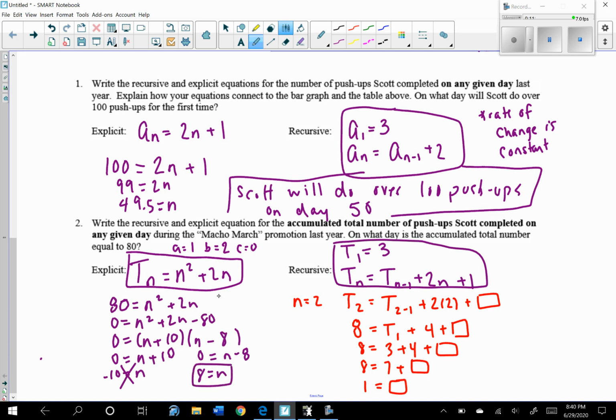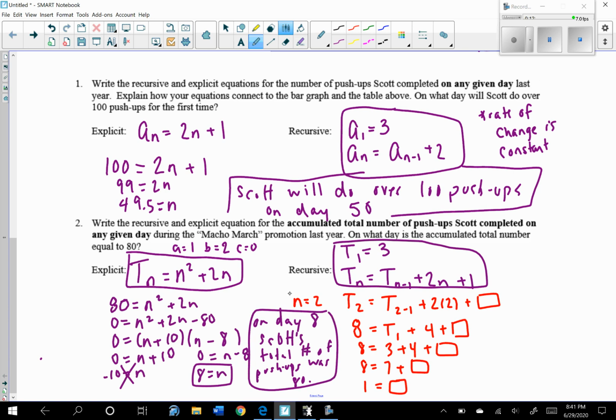So that would mean on day 8, Scott's total number of push-ups was 80. So that answers that question.